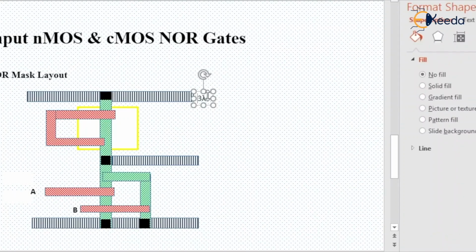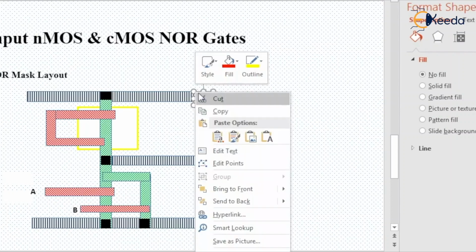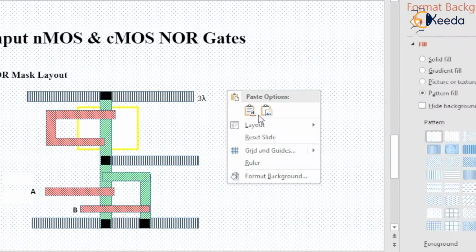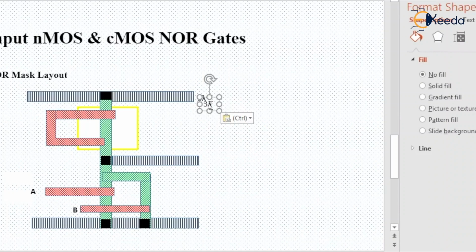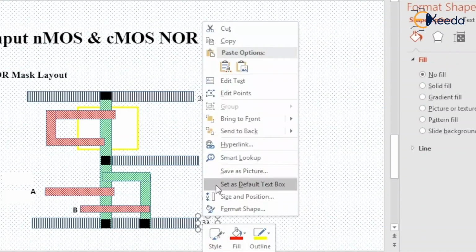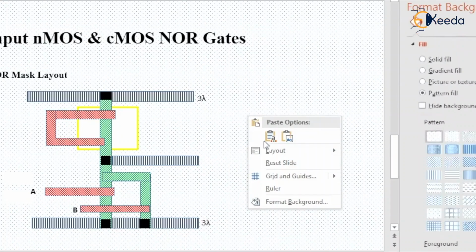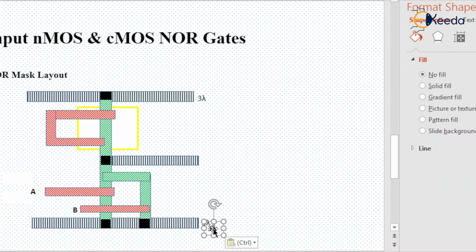Just copy this part, paste wherever you want. Similarly the dimension for the ground potential is also 3 lambda. Just copy this one, paste, and the dimension for the ND diffusion should be 2 lambda.